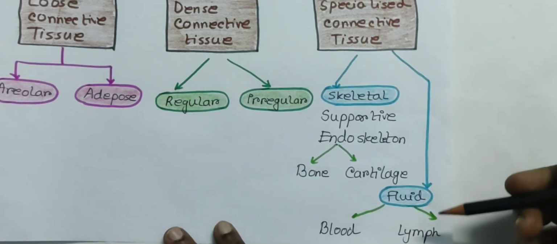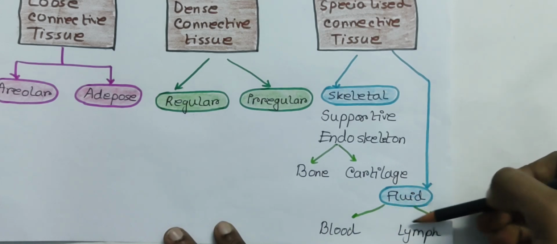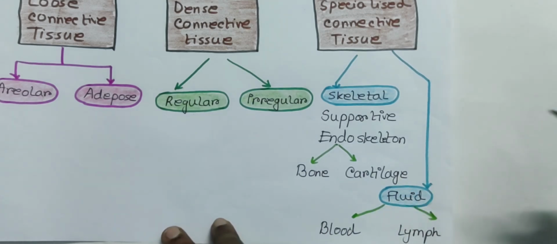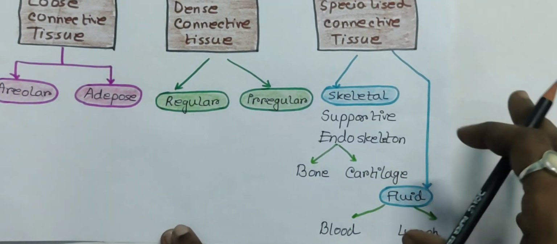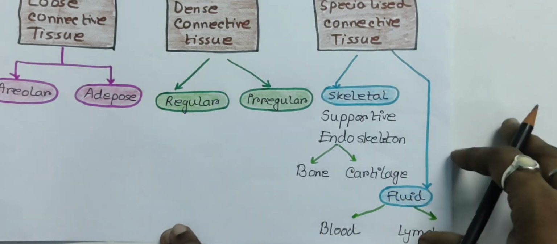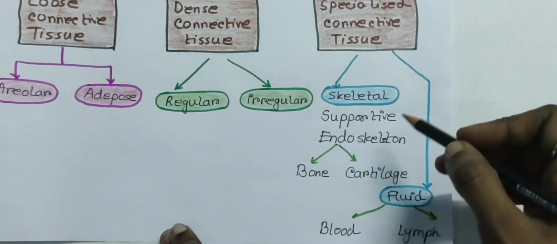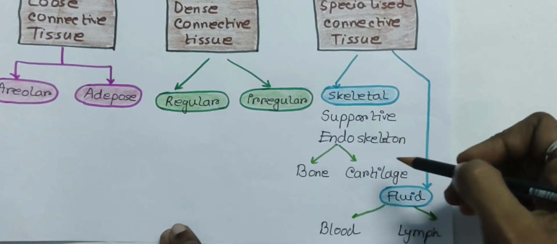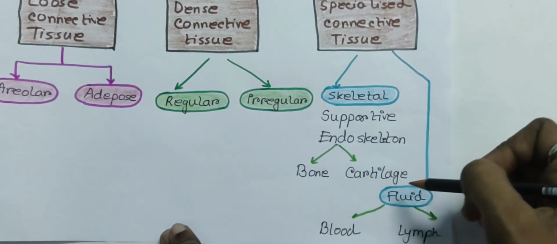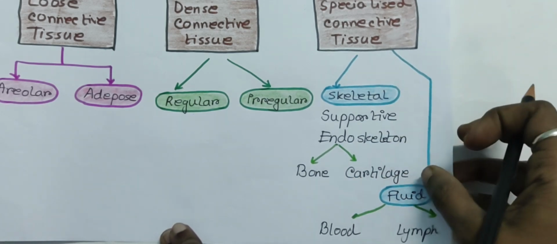In this video, I will not focus on the fluid connective tissue, because I will make another separate video only on the blood. That's why I just continue up to the skeletal supportive connective tissue, that is endoskeleton, bones and cartilage. Okay, let's come to the details.